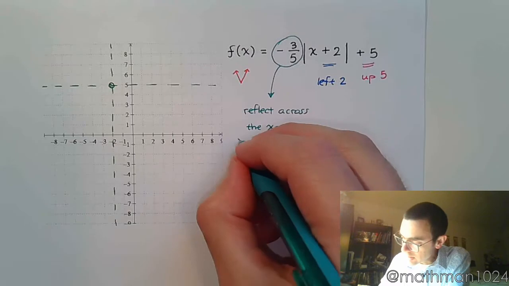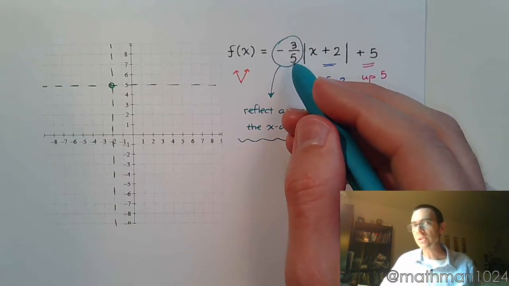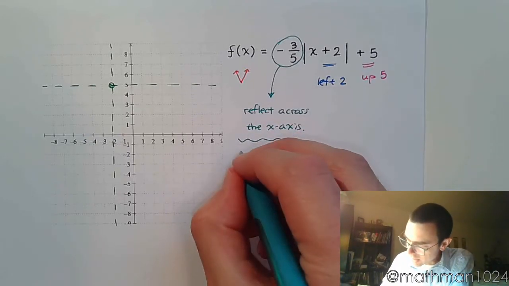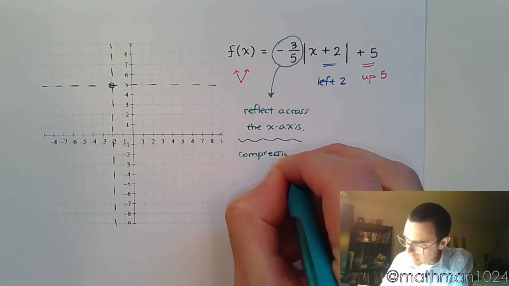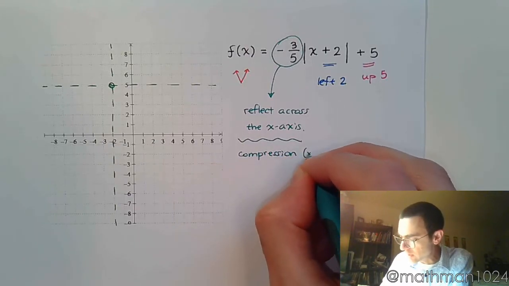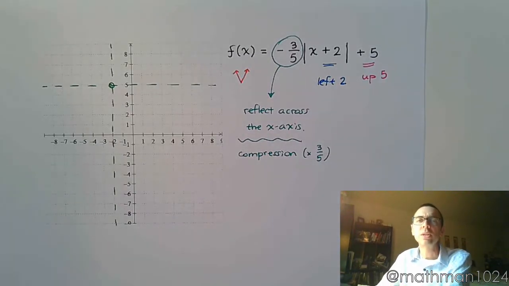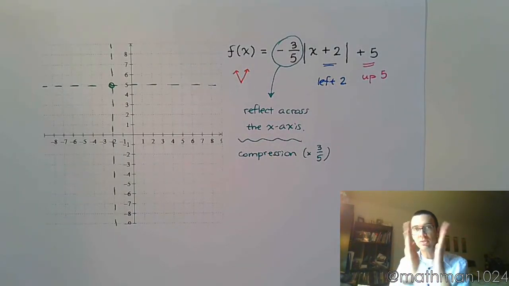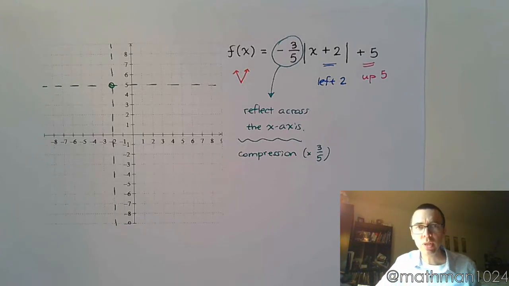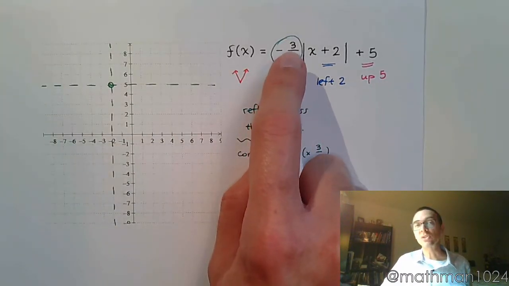Not only that, but because of the 3/5, that's a value that's less than 1. So we're going to have a vertical compression. Now, normally I would be kind of scared about seeing 3/5, but since this is connected to absolute value, and we know that absolute value is made up of straight pieces, right? It shouldn't be too difficult to put all of that together. In fact, we can use the negative 3/5 just like it's a slope.